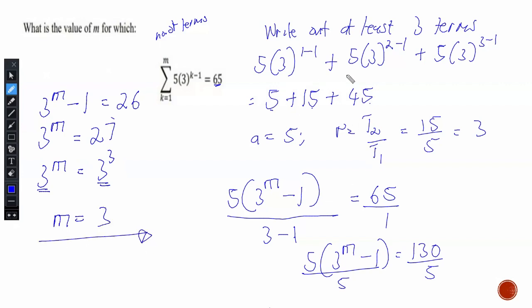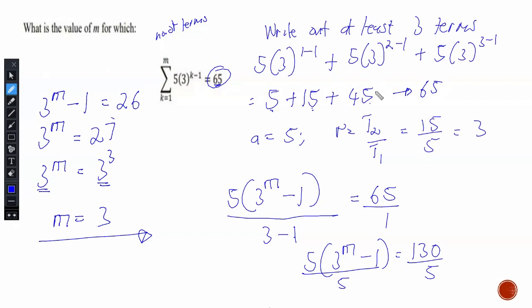Of which, even if you were to check here, if you were to add all these 3 terms here, already at this point you can see that it will give you the 65. If you say 5 plus 15 plus 45, that gives you 65, which actually proves that we only need to add 3 terms of this series to get 65. But then this is how you are supposed to calculate that.